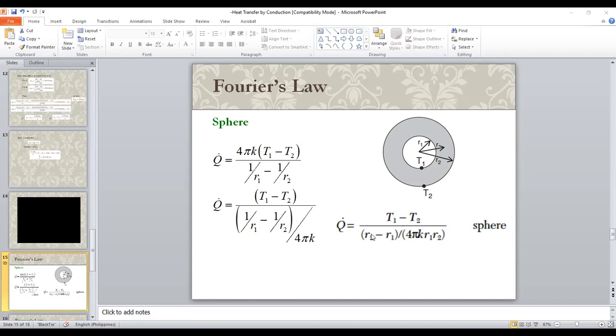But in principle, just like what I said a while ago, if your hollow sphere is made of a composite material, the rate of heat transfer through these particular materials is the same, just like if we're working on a slab. So in this case, we have to use this particular formula wherein the radii are already in there together with the temperature difference.